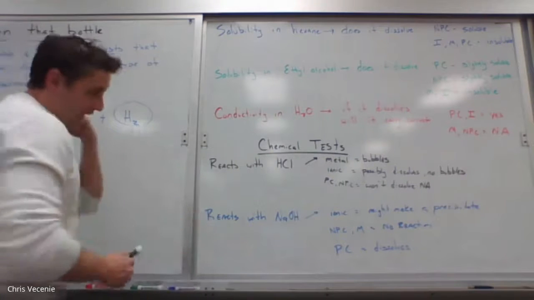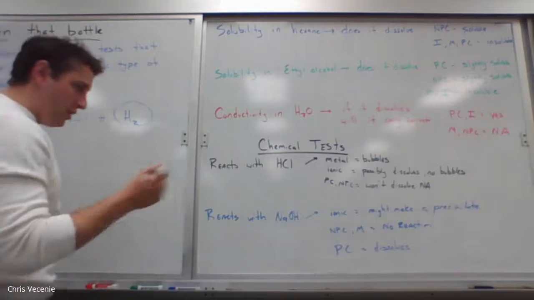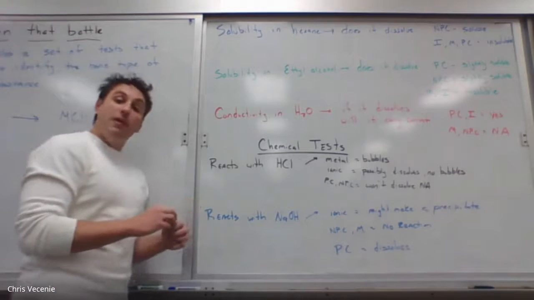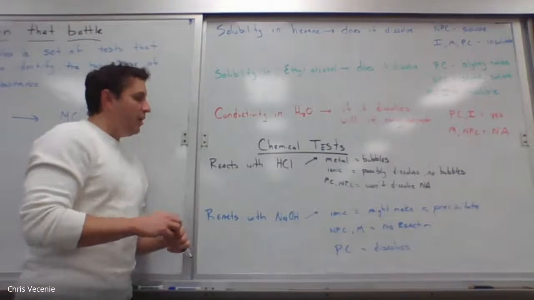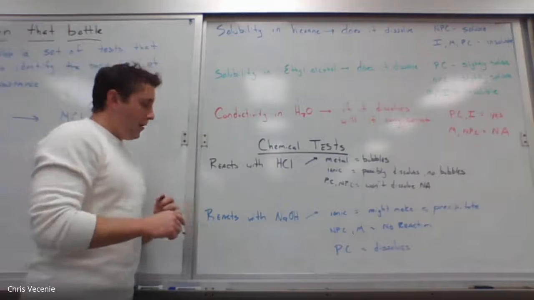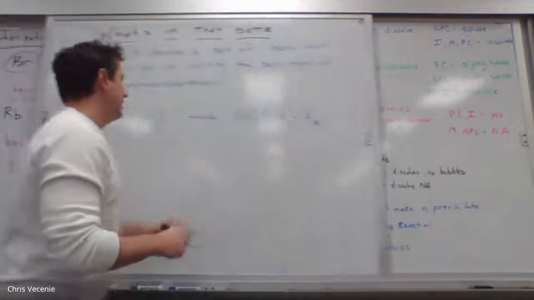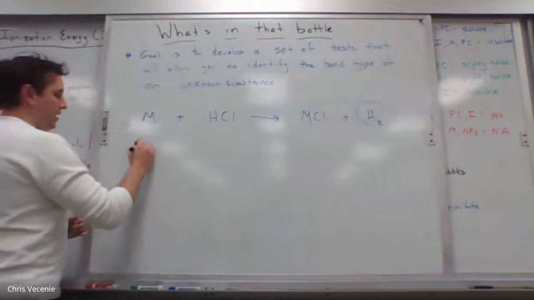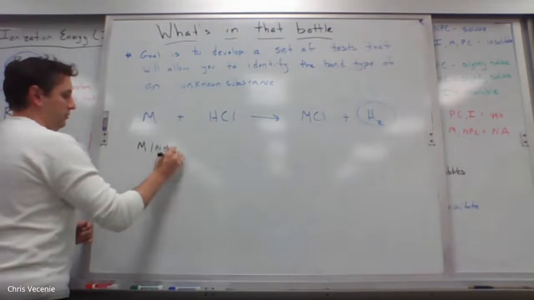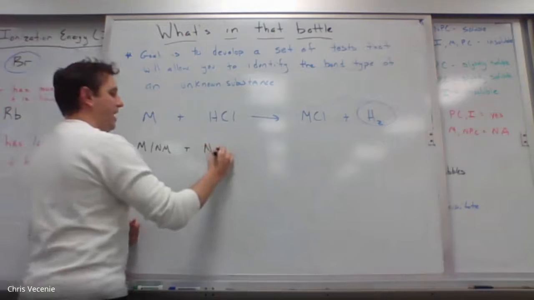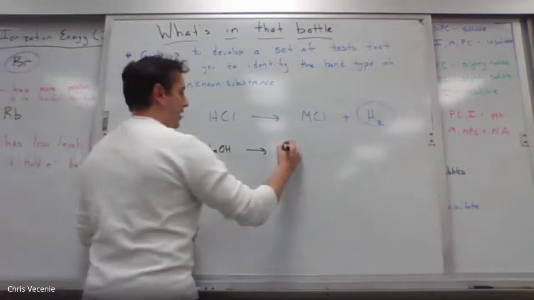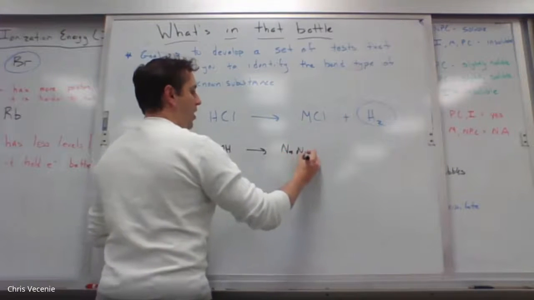What if I react it with NaOH? If it's with NaOH, there's a pretty good chance that the ionic substance might form a precipitate, because if we do an ionic substance, we're talking metal with non-metal, and if we put that with NaOH, as we double replace, you're going to get Na with a non-metal.